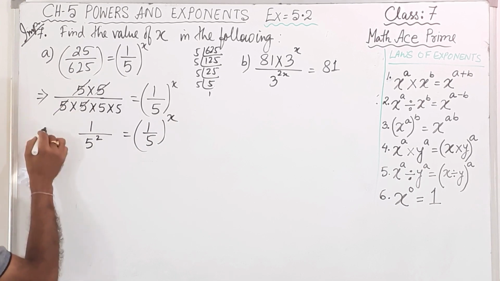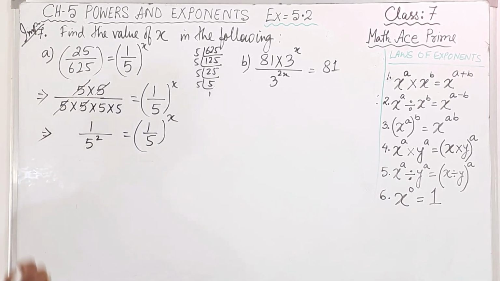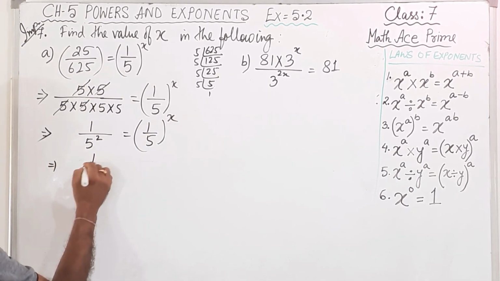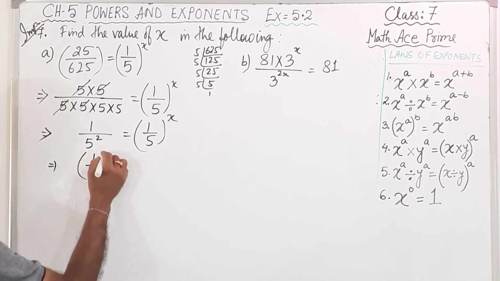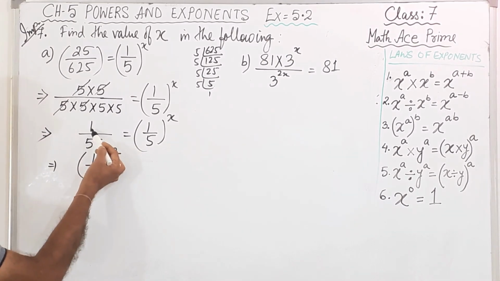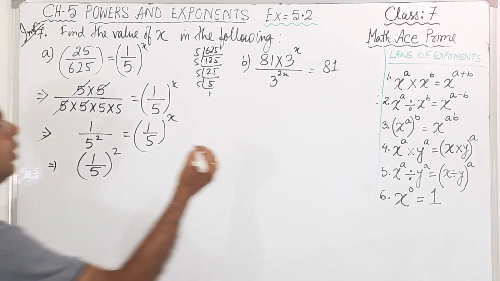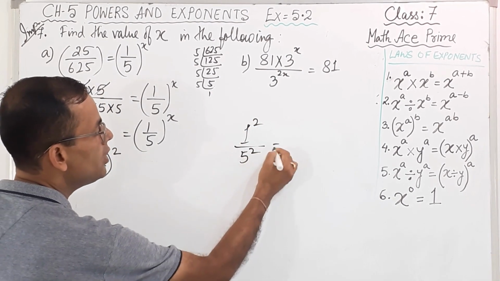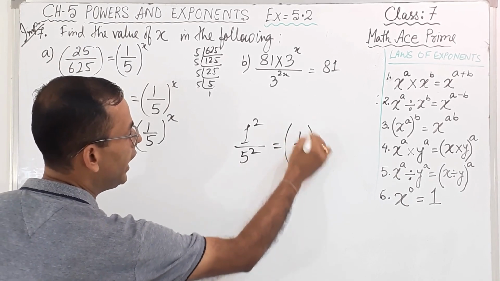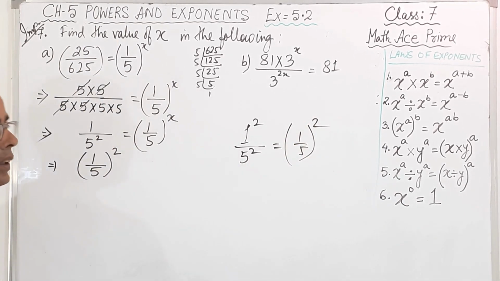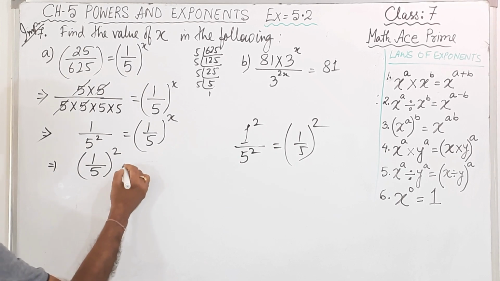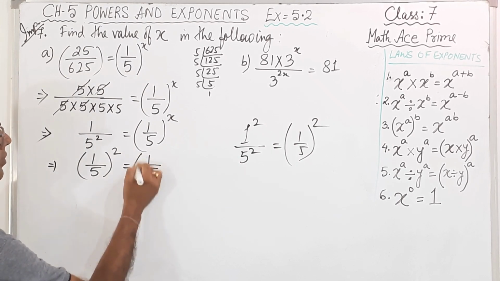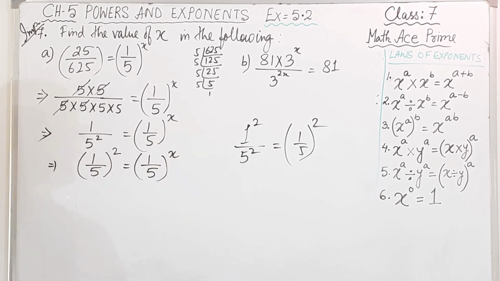Here you will give the implies sign. Now after that, 1 by 5 and whole to the power 2. Here 1 written, 1 means what? I can write 1 square, and downside 5 square. So can I write 1 by 5 whole square like this way? Clear? So 1 by 5 whole square is equal to 1 by 5 to the power x.